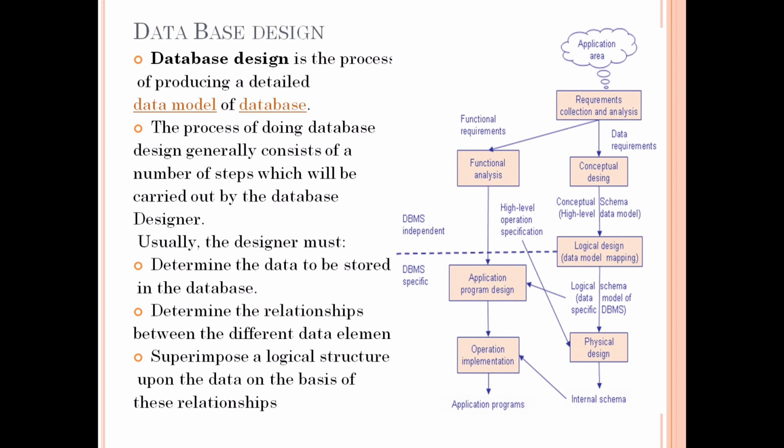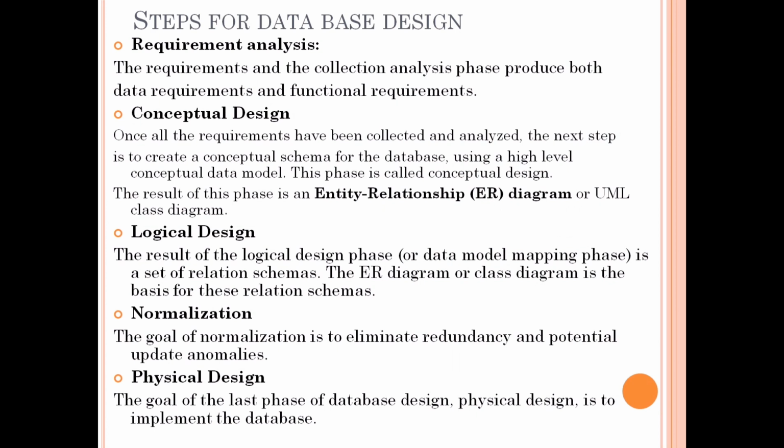We can maintain different kinds of relationships, one-to-one, one-to-many or many-to-many, by using primary and foreign keys. We should maintain some relationship between the different elements. Sometimes those relationships can be converted into a logical structure based upon how the relationships are designed on the particular databases.